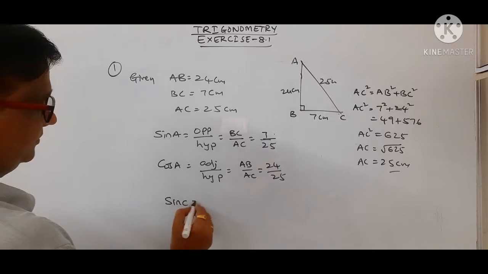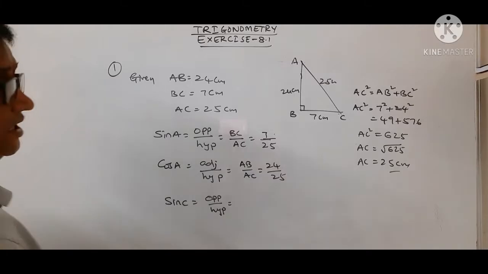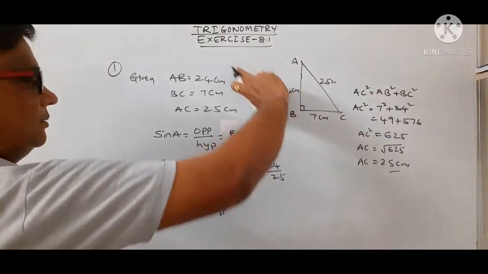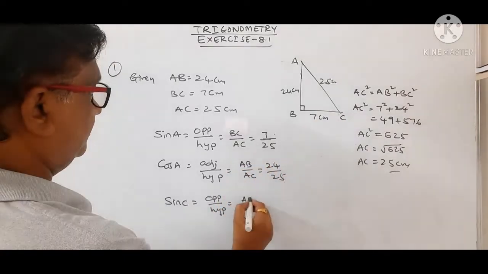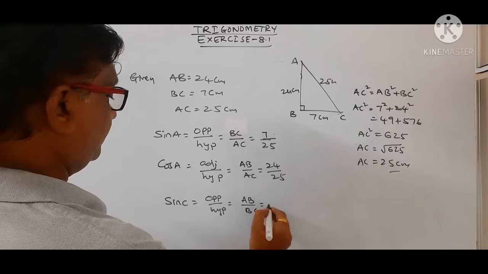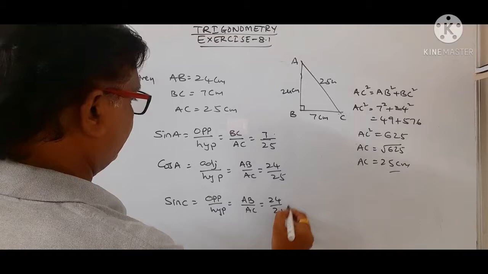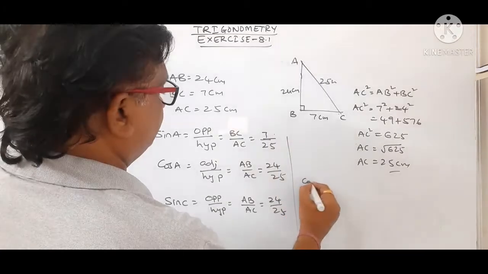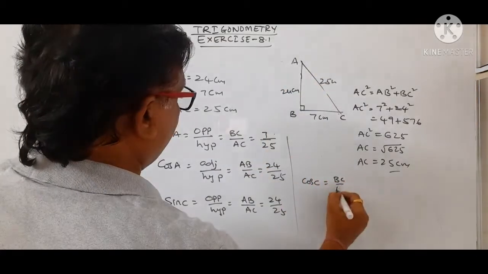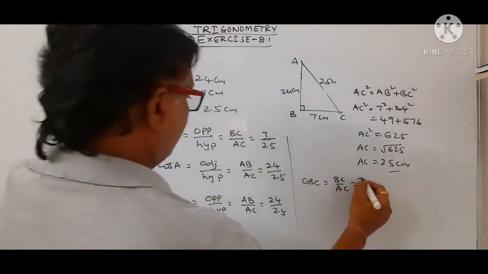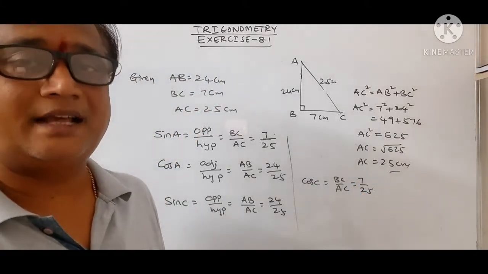They are asking sin C. Same, opposite by hypotenuse, but the opposite of C. You see that C opposite is AB by AC, so 24 by 25. Cos C: the adjacent of C is BC by AC. So 7 by 25.